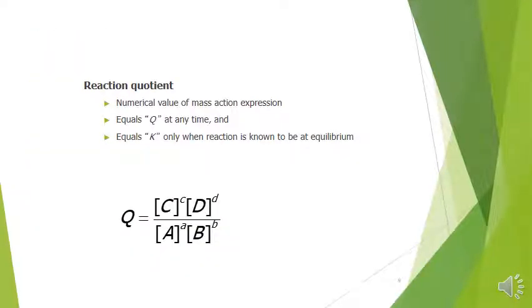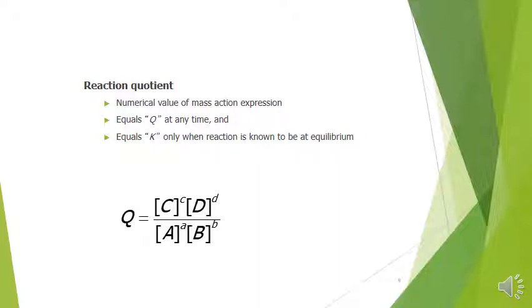Now, another important thing to look at is that not all chemical reactions are at equilibrium, so we would also like to be able to measure the relationship of the product to the reactant at any given time.